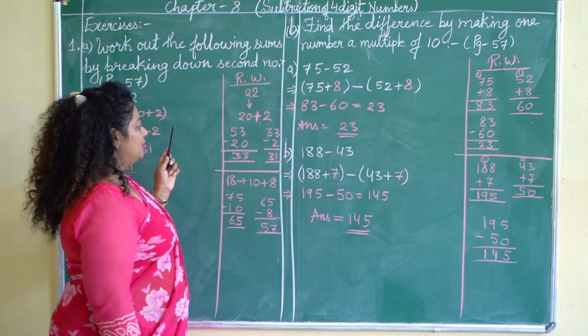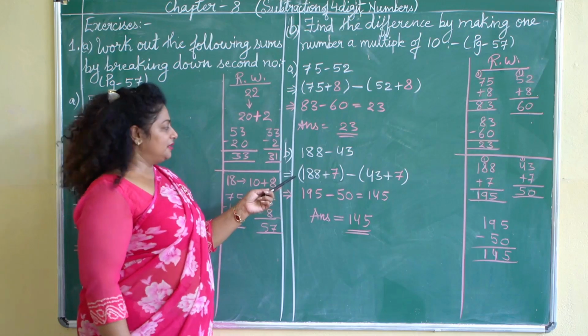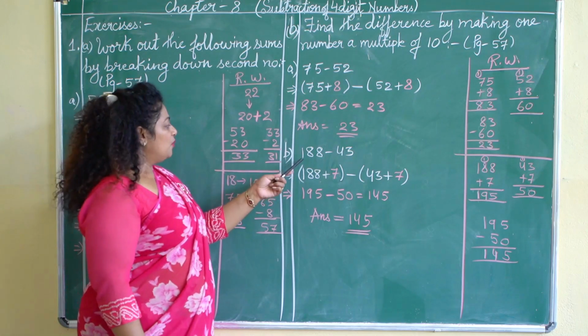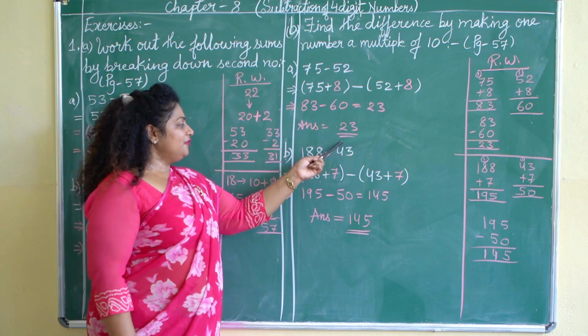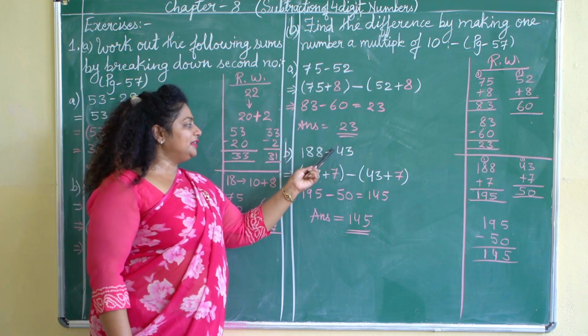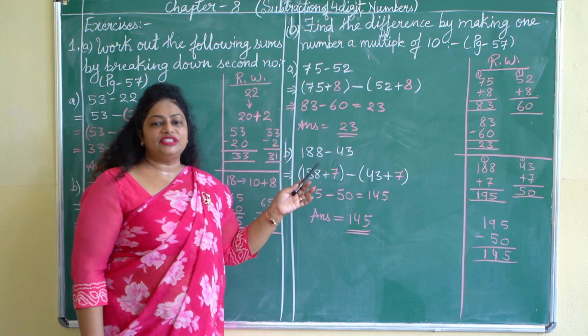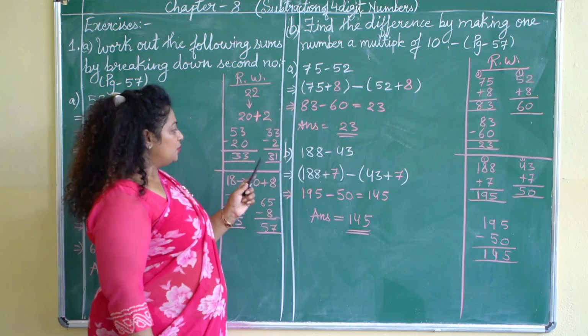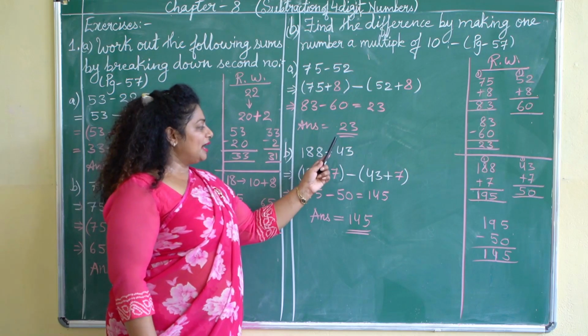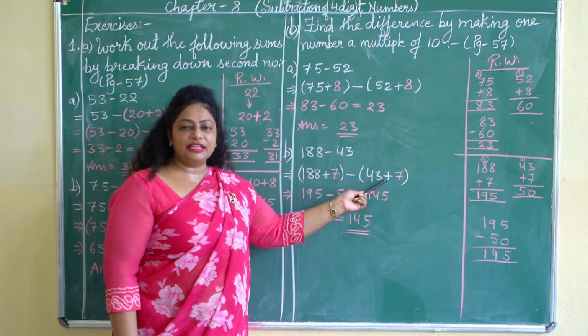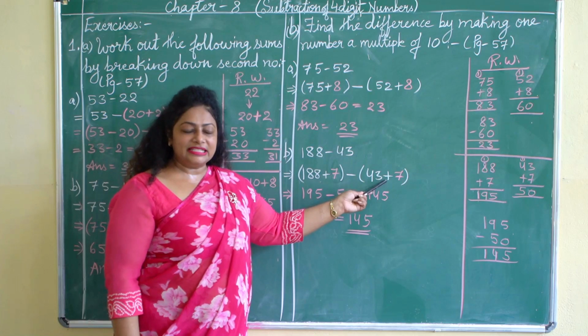In the same manner, we will solve the other question. The other question given to you is 188 minus 43. Again, we have to make this number 43 a multiple of 10. So, let's add 7 to the number 43 so that we will get 50. 50 is a multiple of 10.